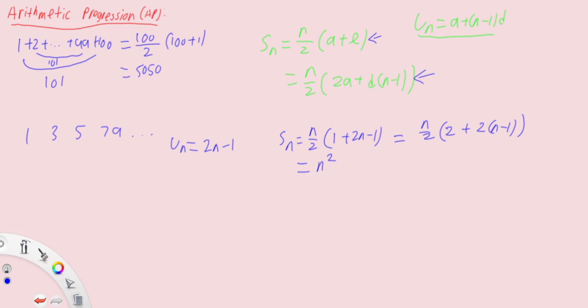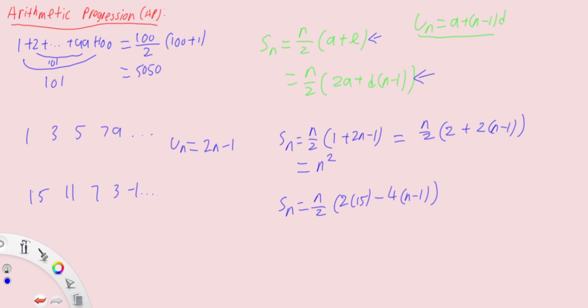Okay, now let's look at the second one, where we have 15, 11, 7, 3, minus 1, and so on and so forth. All right, so you can just straight away write down the sequence. You have n terms, so you take n divided by 2. For the first term and last term, you can use either formula. If you want to use the second formula here, we have 2 times 15 plus, d is now minus 4, so minus 4 times n minus 1.